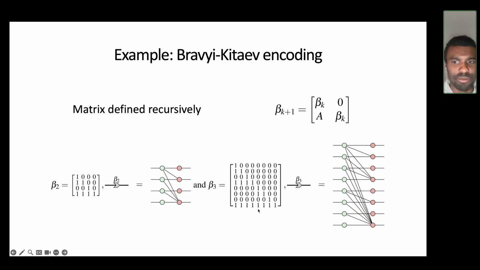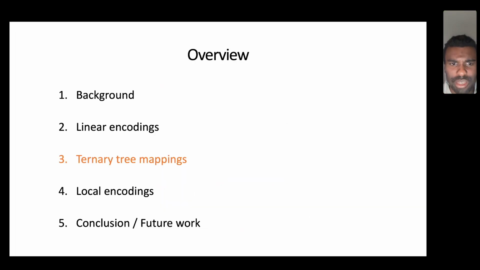The takeaway of the Bravyi-Kitaev mapping is that you can prove that the fermionic operators it produces have log weight. So the number of qubits on which these operators act is logarithmic in n, which is the size of the circuit here. It's a cool fact, which I believe is in the paper, but unfortunately I don't have time to go over it because I have to move on. I'm going to gloss over that and talk about ternary tree mappings.